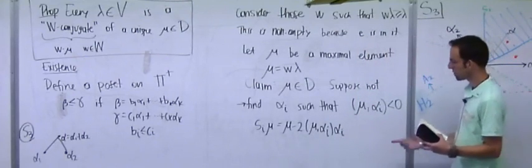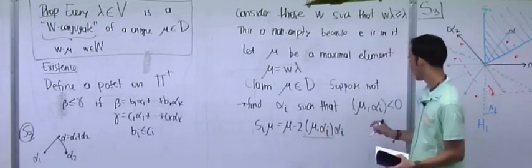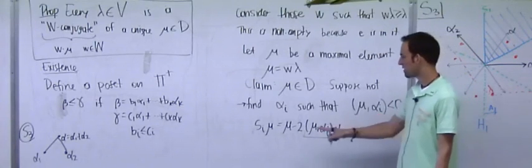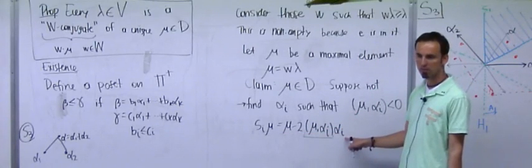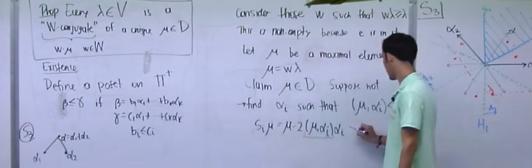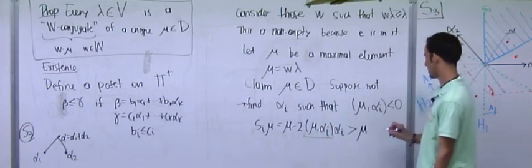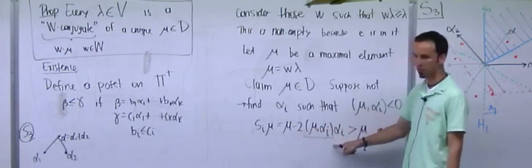If you look at this, you see that we know that this number is negative. And so this thing is mu plus a multiple of alpha_i. And that means that this is bigger than mu in the poset. It's mu plus positive things.